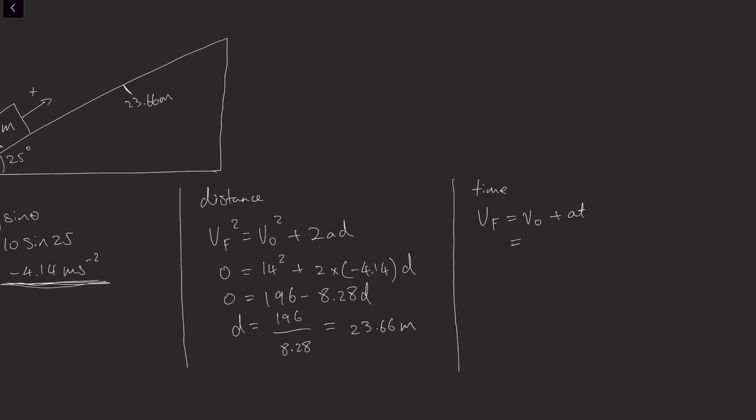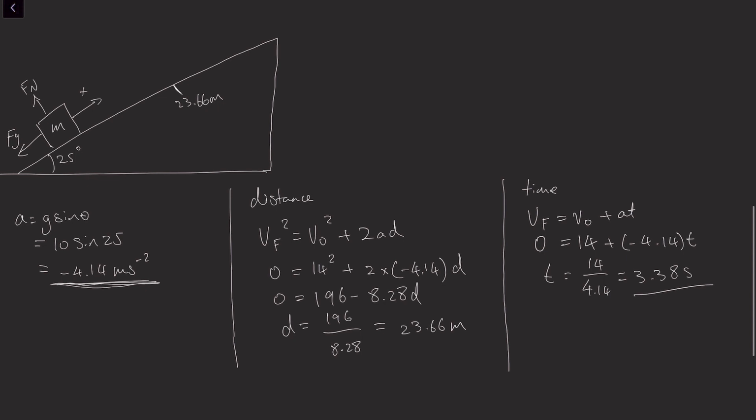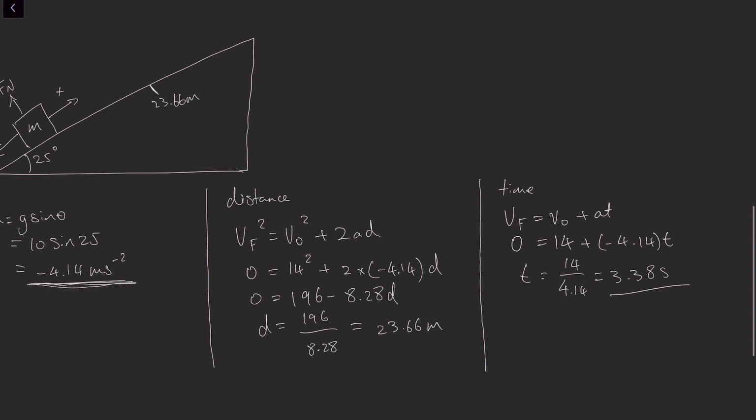So our final velocity is 0, our initial velocity is 14, plus the acceleration multiplied by time. Rearrange to find t, and we get 3.38 seconds as how long it takes for this block to not only stop, but also reach the distance of 23.66 meters.